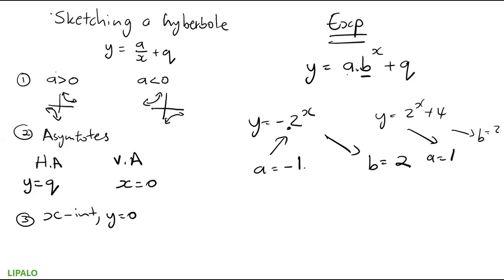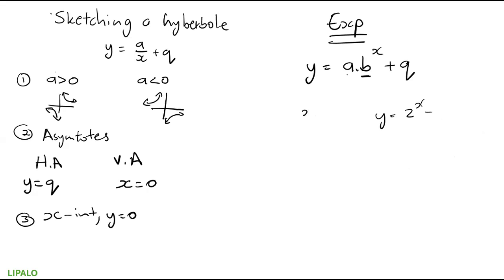And then I'll be focusing on now knowing the diagram. If a is positive, oh yes, very, very important. What considers the shape of the exponential?